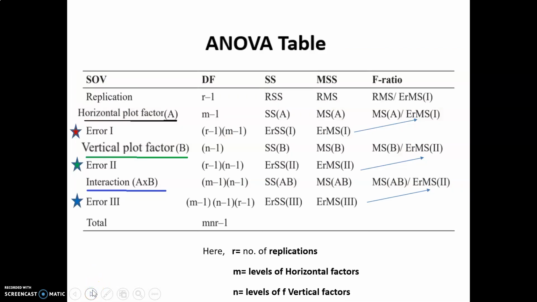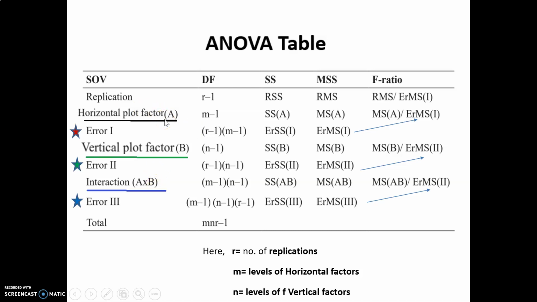If we see the ANOVA table of strip plot design, 3 major sources of variation are there. The first one is the horizontal factor, the second one is the vertical factor, and the third one is the interaction of both horizontal and vertical factor.